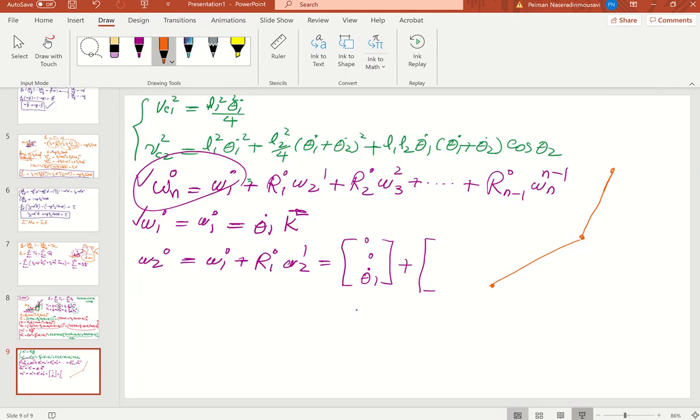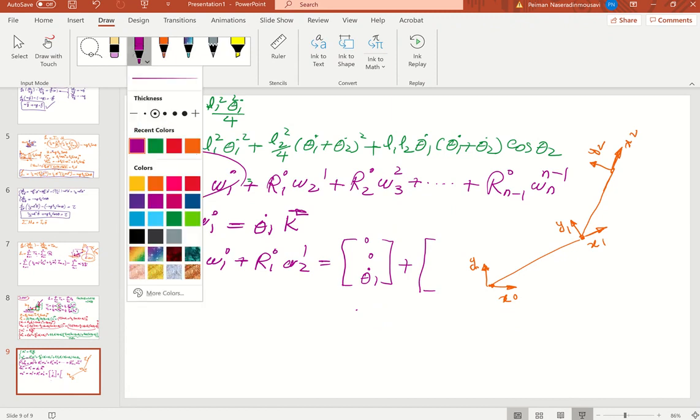Okay, look here, guys, this is your reference coordinate system as we were doing: X0, Y0, and Z0 is out of the page. Here is X1, Y1, and Z1 is out of the page, and here is X2 and Y2. So R1 with respect to 0 is obvious, right?